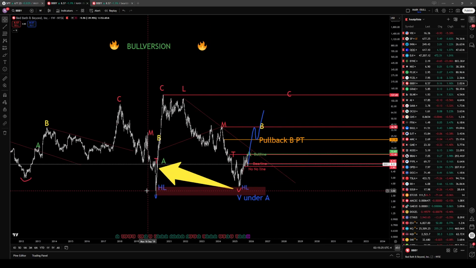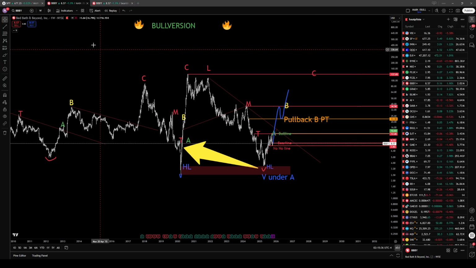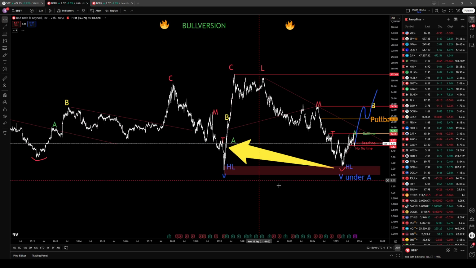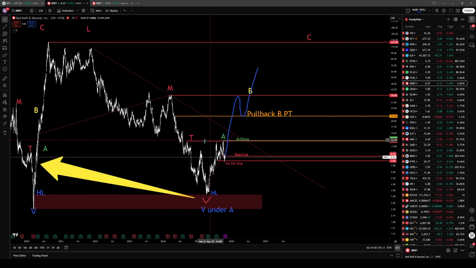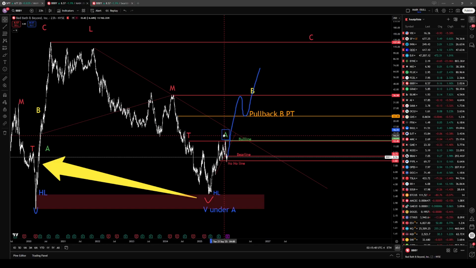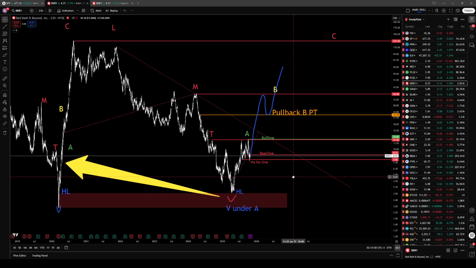So this here is 2020. You did your V, your higher low, A, B, C, lower high, fall to a midpoint. You already did your T. You already did your perfect V and A, and you already did your A peak and your A pullback.